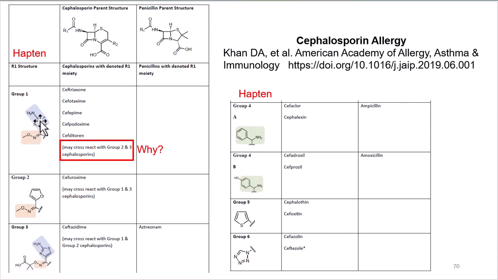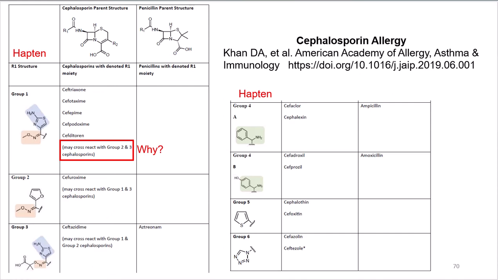If it's made, say, to react to this group, then you could still give cefuroxime. But nobody tests. You can't test what hapten the antibodies are causing the reaction. So you just wouldn't give it because you don't know. But if you don't mind putting a person's life at risk, you could give them each of the drugs from each of these classes and see their reactions.